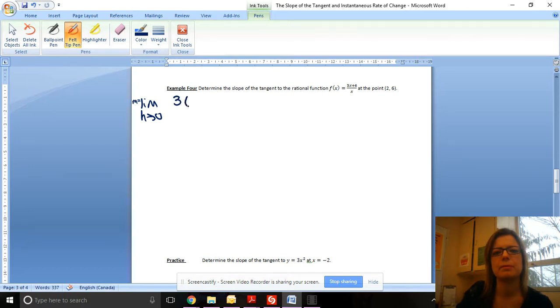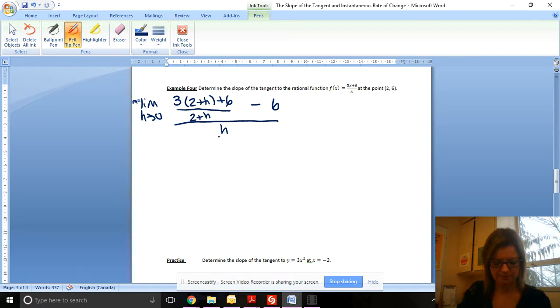So you get 3 bracket 2 plus h plus 6 all over 2 plus h. Remember, you have to put in a 2 plus h for all the x's. Minus 6, because we know f at 2 is 6. And then we divide that all by h.